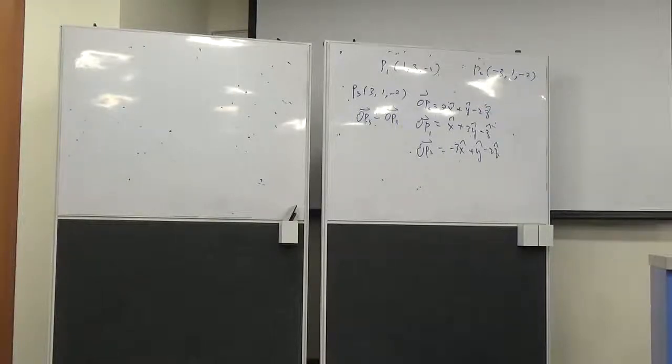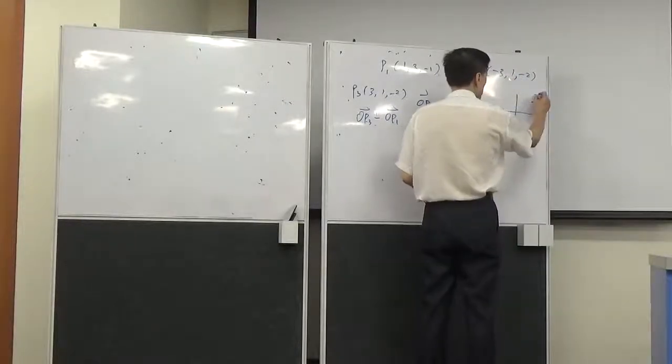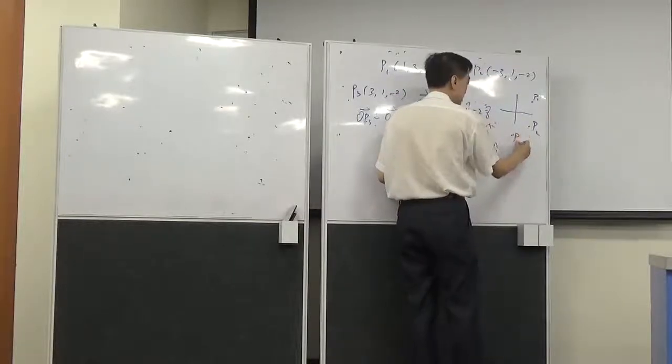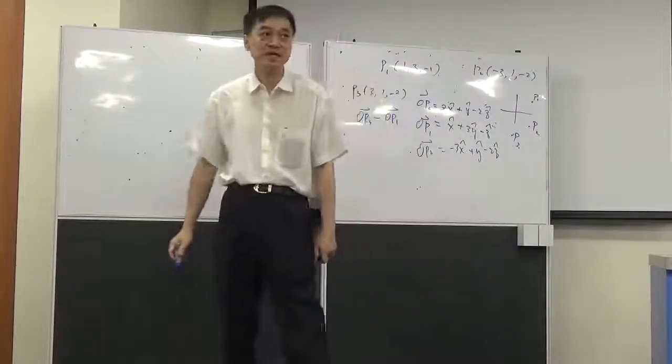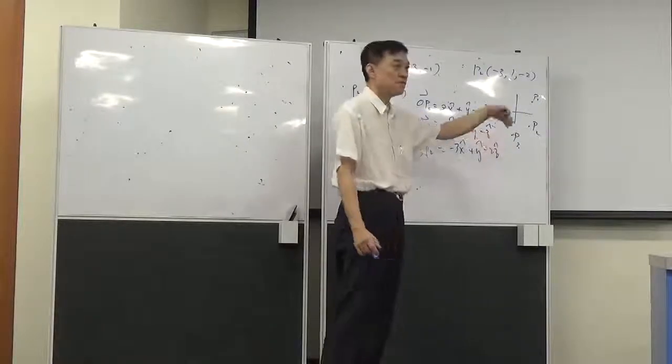Find the electric field E at point 3. Okay, electric field at point 3. How to find the electric field at point 3? I have P1 here, I have P2 here, I just anyhow mark, I have P3 here. Not necessarily like this. Now, what is the electric field at point 3?